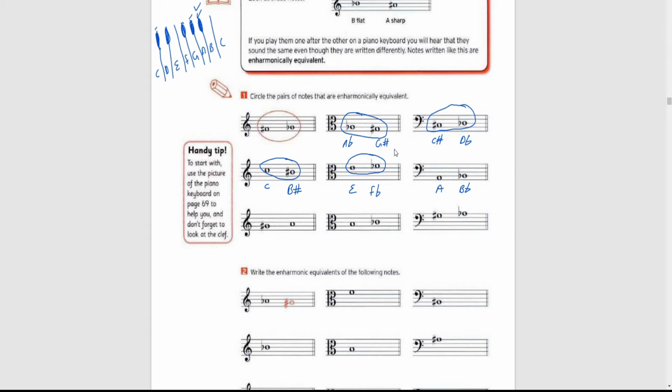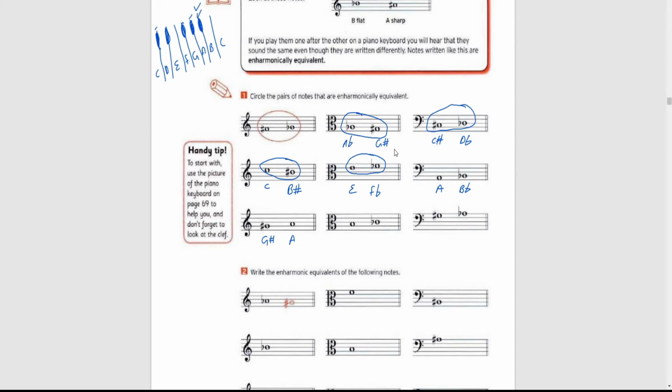Okay, let's do the next one. This is our G sharp. This is our A. So you can see G sharp is a black key. There should be only one semitone next to it for A flat, but this is two semitones, 1 and 2. So this is not enharmonically equivalent.